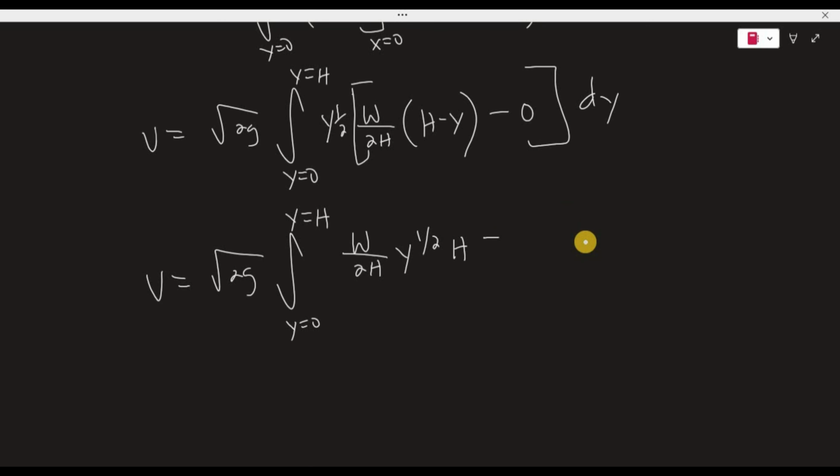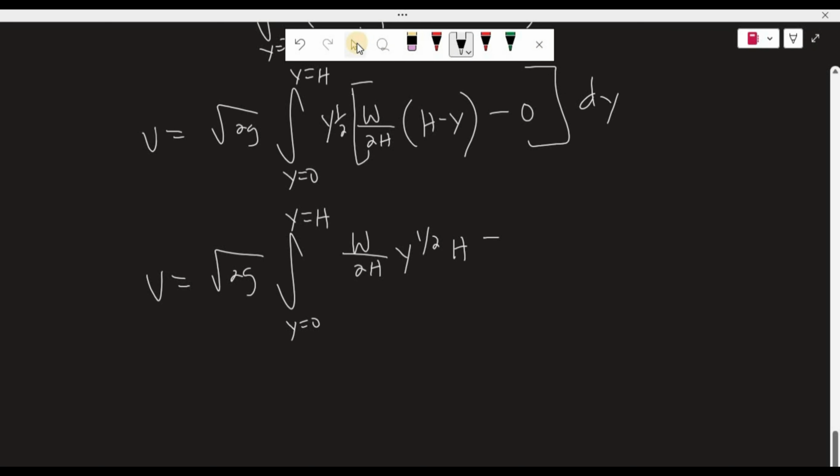Okay, I will not proceed like this. Okay, so we can distribute y to the power 1/2 to the expression inside the parentheses. So we will just consider this as constant.